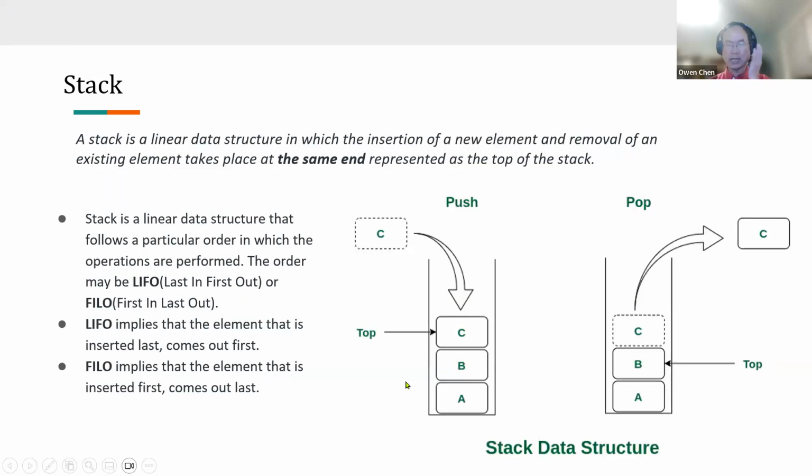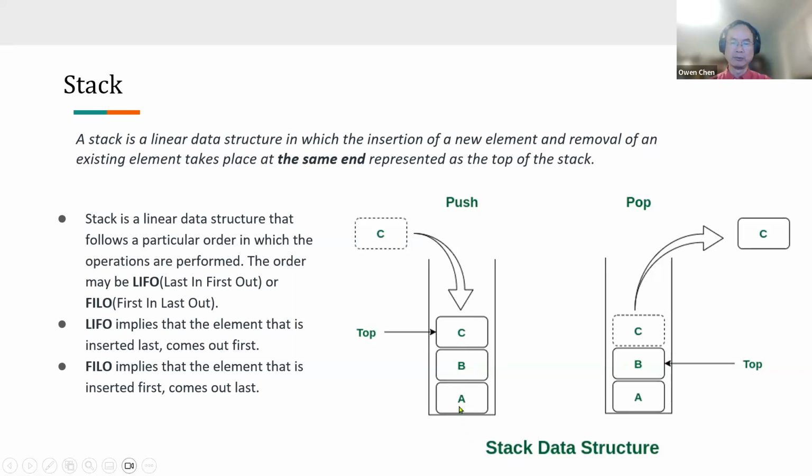But then another type of linear data structure is called a stack. Right? Stack is different from the array. It's just like a basket. You put in some items. You can only put the item in through the top of the basket, and you get the item out from the top of the basket as well.